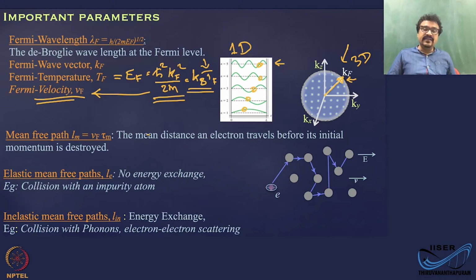Then it is going to lose its initial momentum and also energy. Another example is electron-electron scattering. That is also an example of inelastic collision, and the distance between two inelastic collisions is the inelastic mean free path, usually referred to as L inelastic.